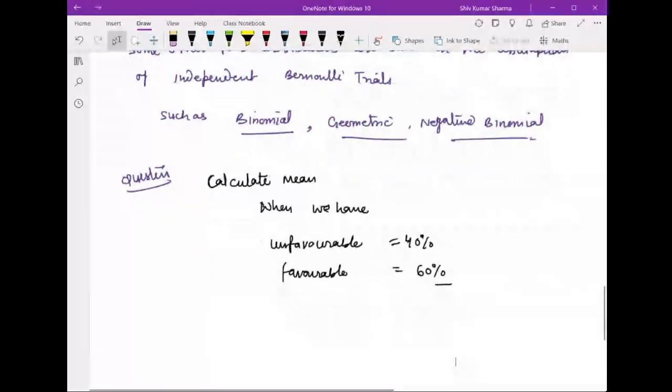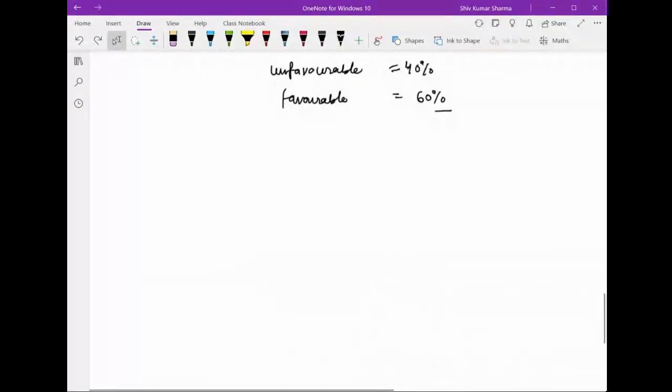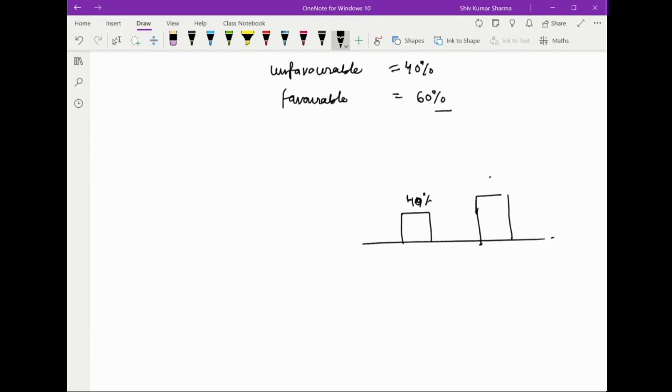So 40% of cases are failure, that is unfavorable, and 60% of cases are favorable.